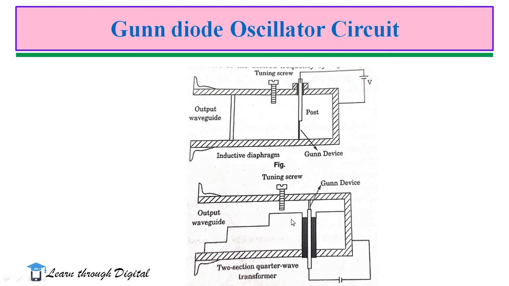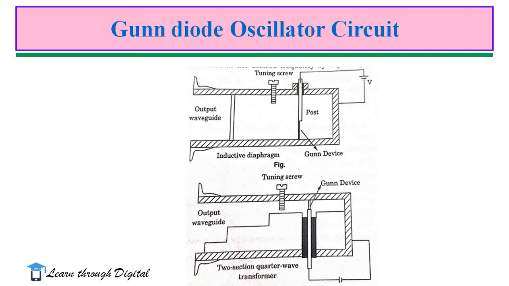The power output of the Gunn diode oscillator is in the range of a few watts for CW operation at biasing values 10 volt and 1 amp at 30 to 40 GHz. A frequency tuning range of 2% can be achieved. For pulsed operation, peak power is typically 100 to 200 watts.